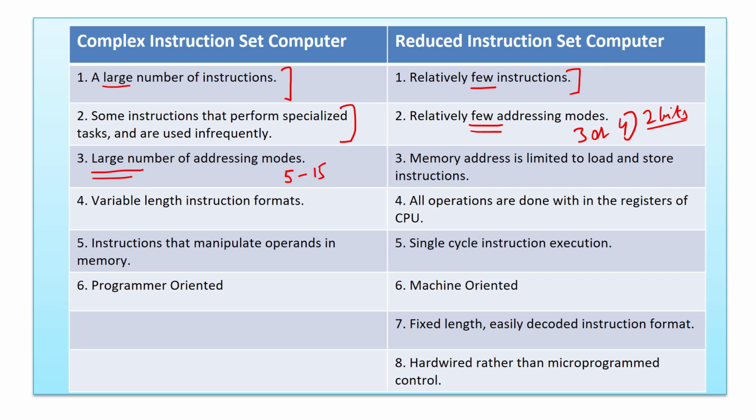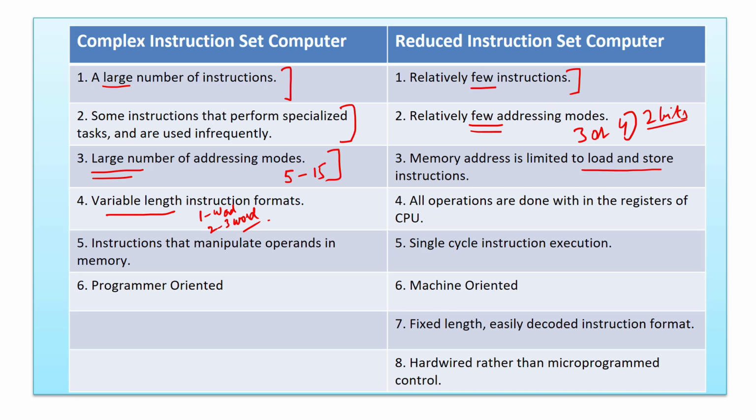In CISC there is a variable length instruction format. So 1 word instruction, 2 word instruction, or 3 word instruction, all are possible in a CISC computer. I want to mention here, because of the large number of addressing modes, the size of the instruction increases.